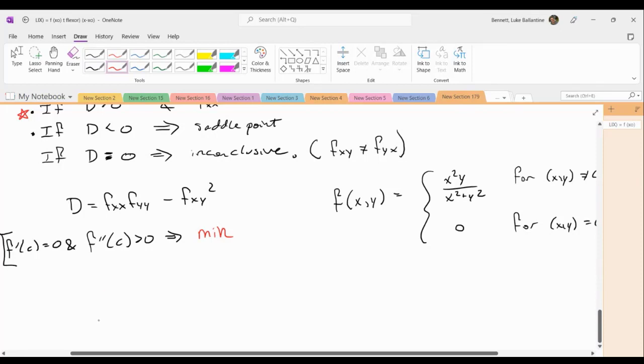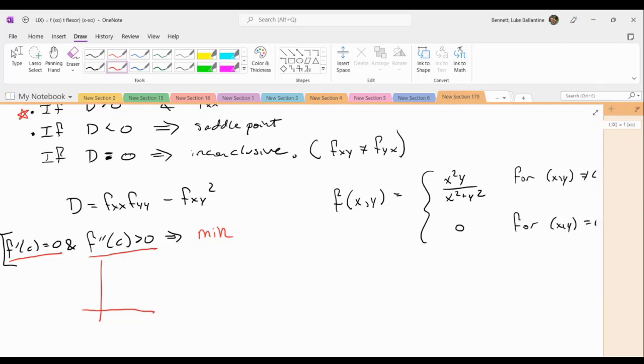Really, I don't remember it like this. I remember it like a picture. I know I have a horizontal tangent line somewhere, because f prime of c is 0, and I also know it's always concave up. Remember, the second derivative gives us concavity of the function. A second derivative being positive in some interval means the function is concave up in that interval.